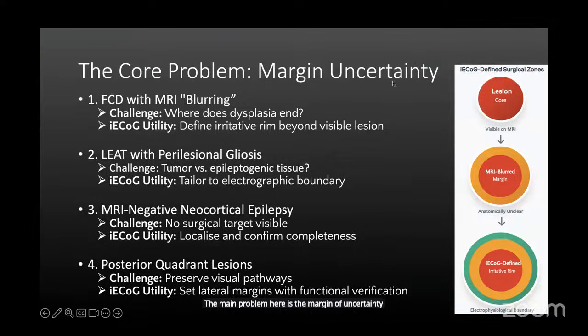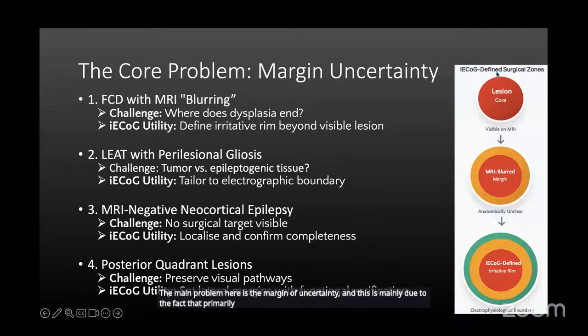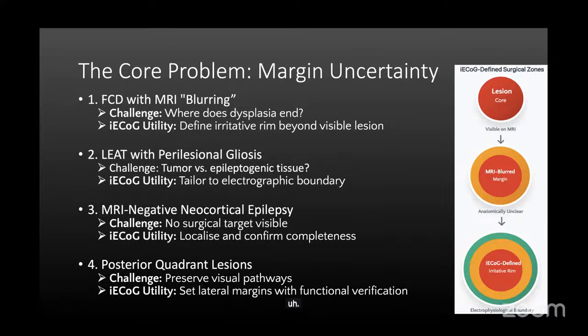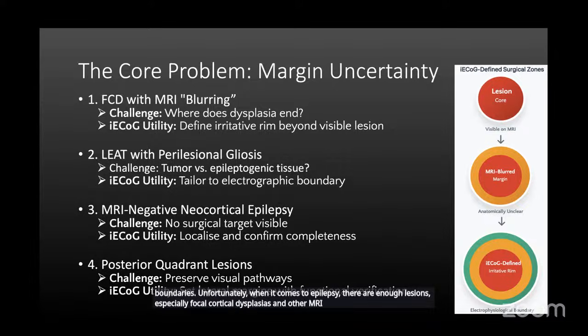This is mainly due to the fact that the defined margins, when we talk about pathology, are usually based on preoperative MRI and intraoperative anatomical boundaries. Unfortunately, when it comes to epilepsy, there are lesions, especially focal cortical dysplasias and other MRI negative neocortical lesions, which are only defined by electrophysiological boundaries. And that's where electrocorticography can come in to help us.